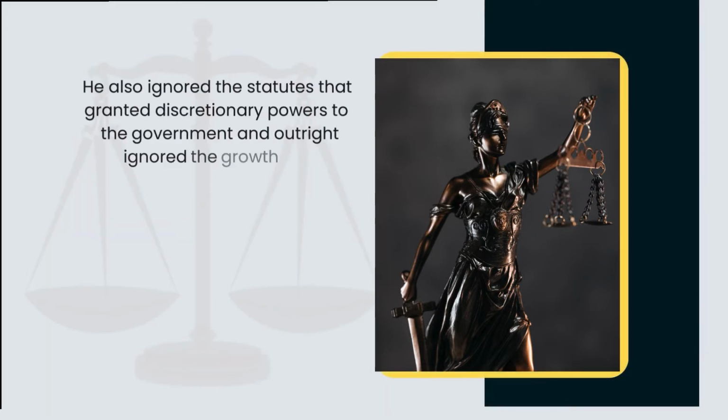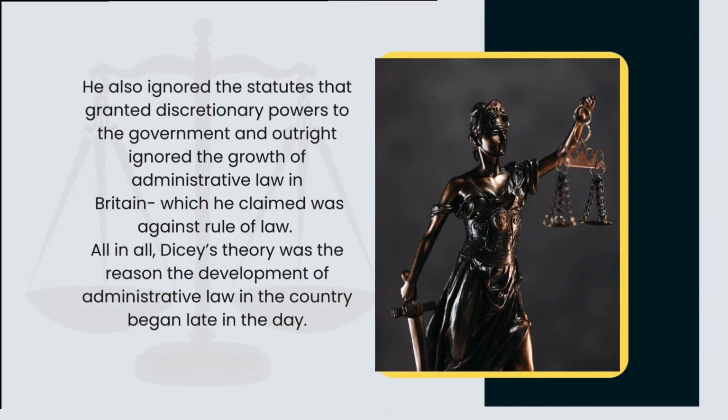He also ignored the statutes that granted discretionary powers to the government and outright ignored the growth of administrative law in Britain, which he claimed was against rule of law. All in all, Dicey's theory was the reason the development of administrative law in the country began late in the day.